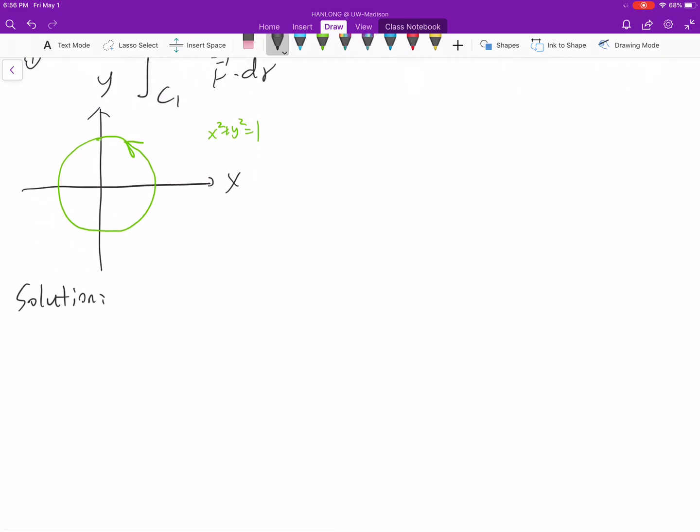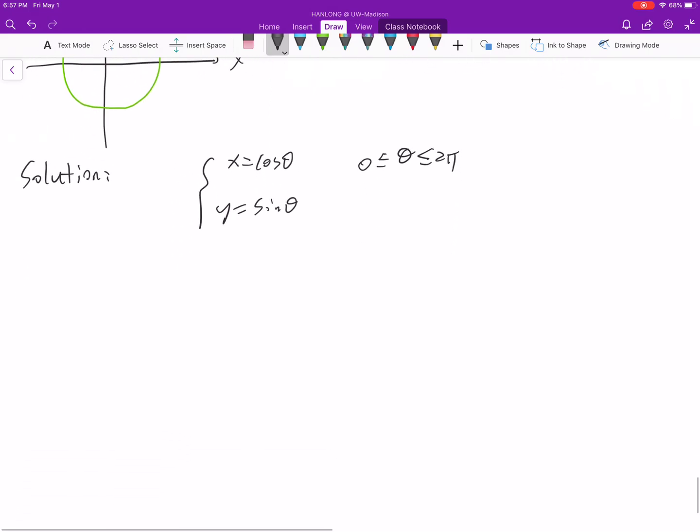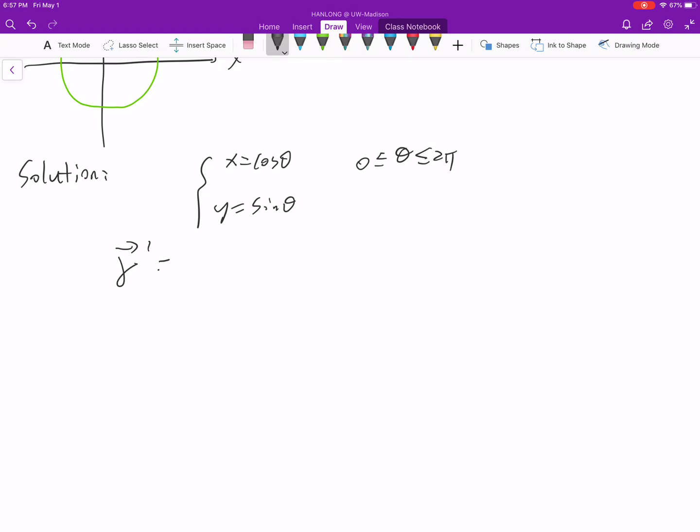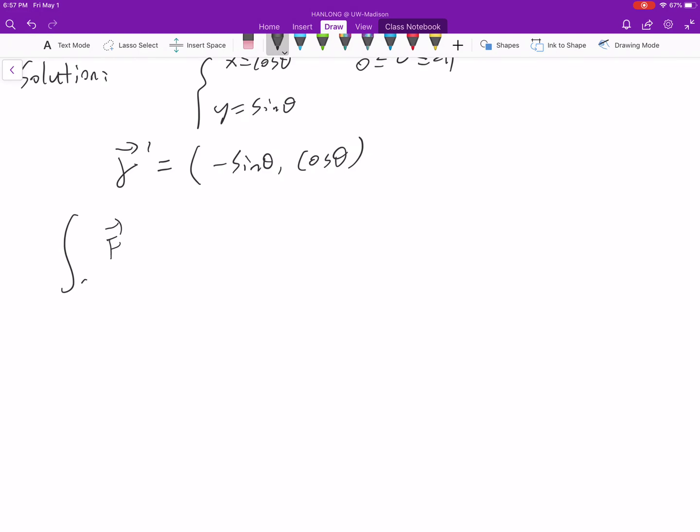So parameterize it. We use x is cosine theta, y is sine theta. Theta is from 0 to 2 pi. And then, so what is gamma prime? Gamma prime is just the theta derivative, so (negative sine theta, cosine theta). So what do you have when you're computing this one? By the formula, integral d theta, theta from 0 to 2 pi.